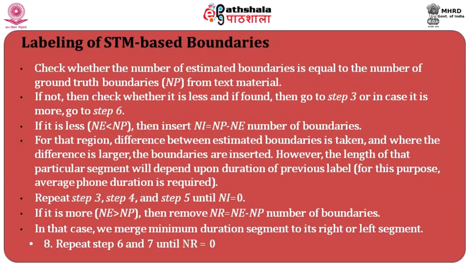Step number 5 is to repeat steps 3, 4 and 5 until Ni is 0. If it is more, that is, if Ni is greater than Np, then remove Nr, which equals Ni minus Np, number of boundaries. In that case, we merge the minimum duration segment to its right or left segment. Then again repeat steps 6 and 7 until Nr is 0.